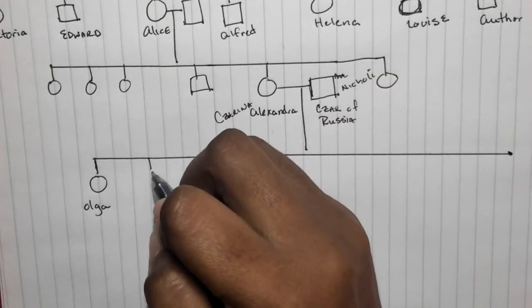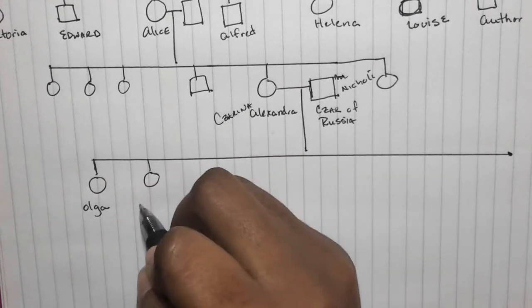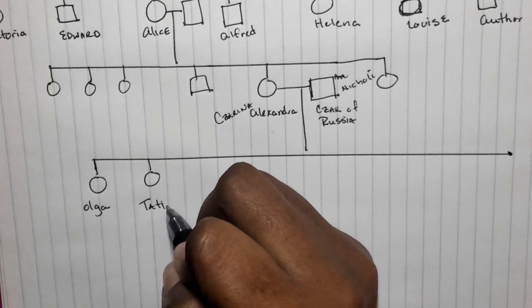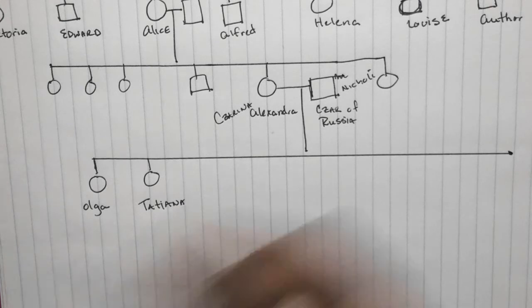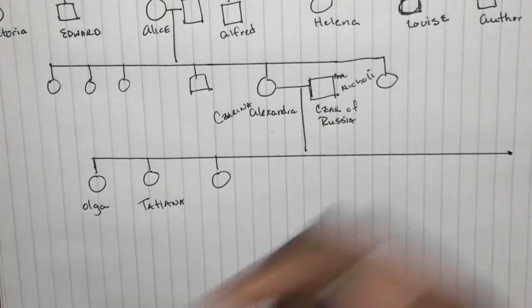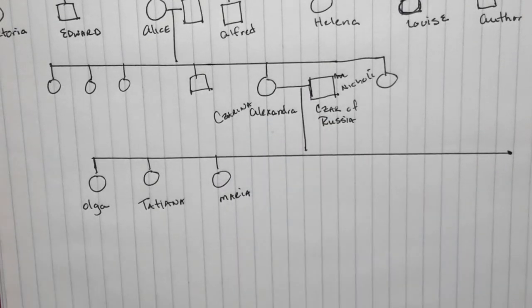Alright, and then the next one was another girl. They named her Tatiana. Okay, and then the next one, another girl. They named her Maria.